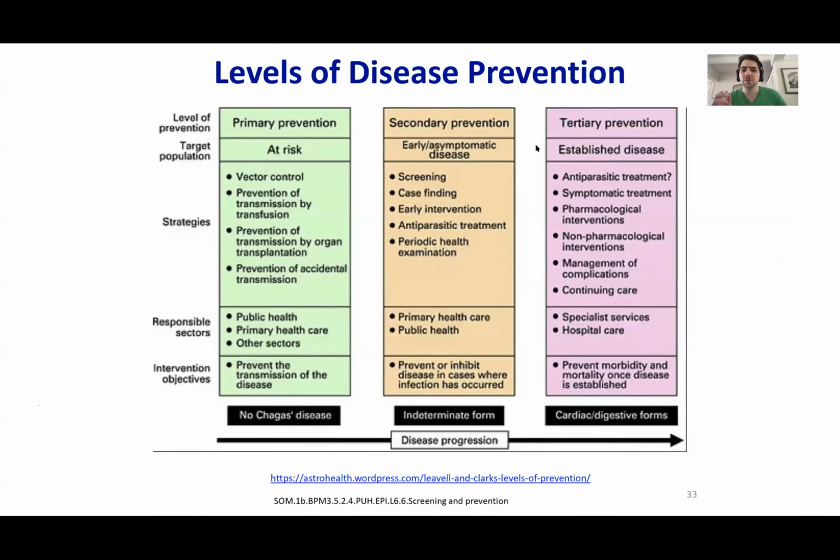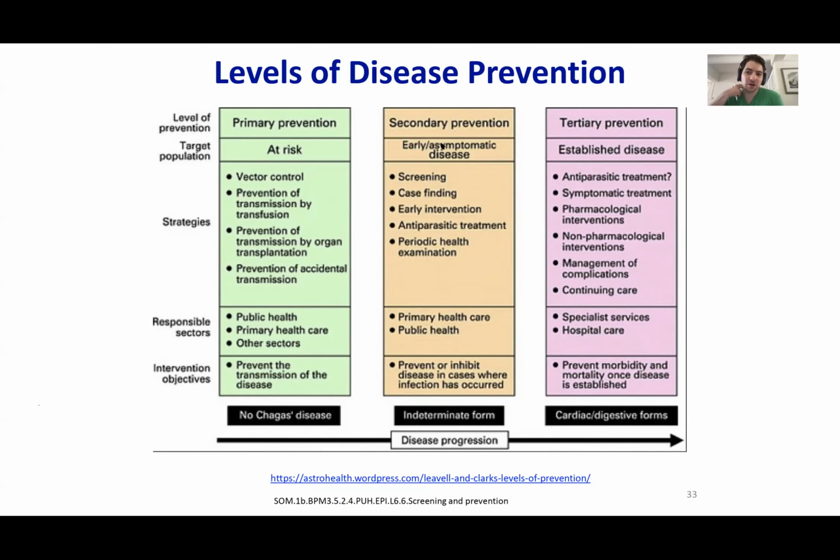Now, don't get that confused with this, because this also has words like primary, secondary, and tertiary, but this is levels of disease prevention. In this situation, you're looking at whether the person has the disease or they don't, and what level they're at. In primary prevention, the patient is at risk for having a problem.